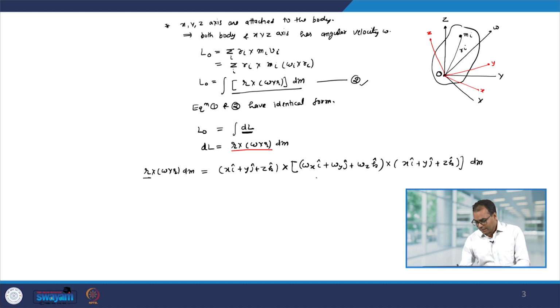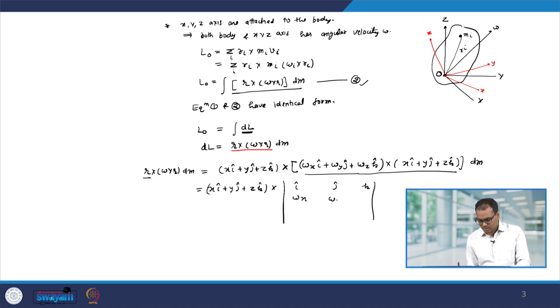First, let us calculate this cross product: xi plus yj plus zk cross the determinant with rows i j k, omega x omega y omega z, and x y z, and then we multiply it by dm. So, this becomes xi plus yj plus zk cross product.